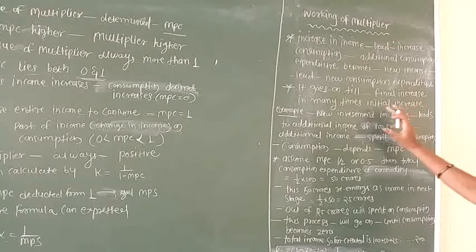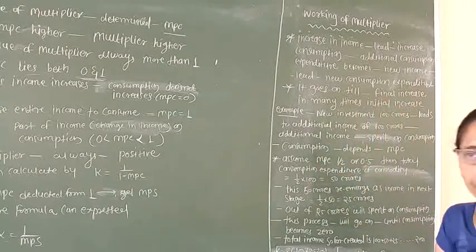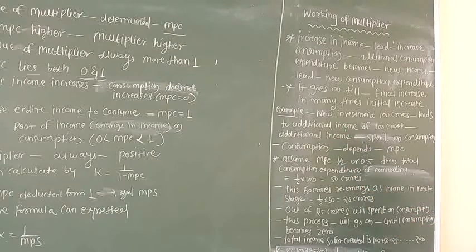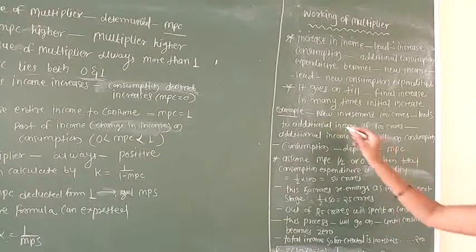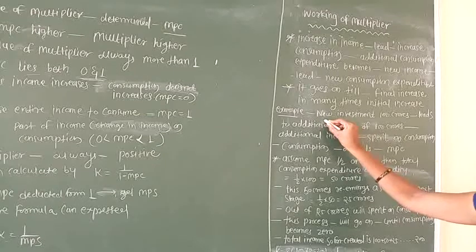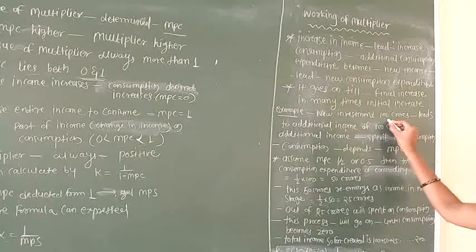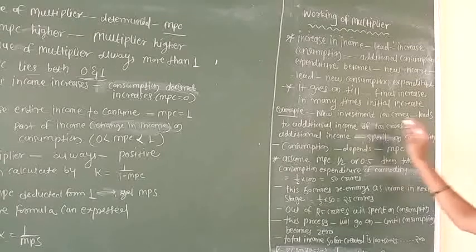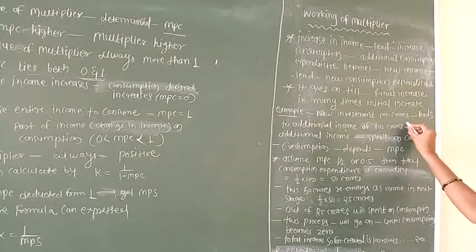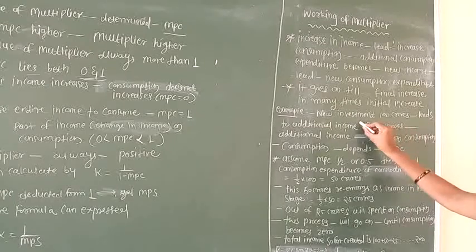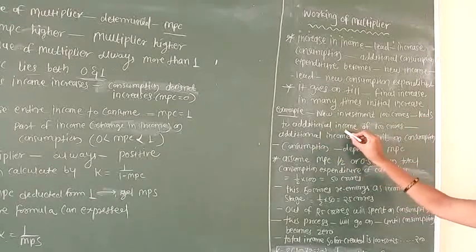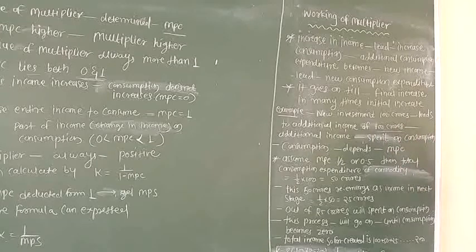We will explain it with the help of an example. See students, here the new investment is 100 crores, and this new investment leads to an additional income of 100 crores.